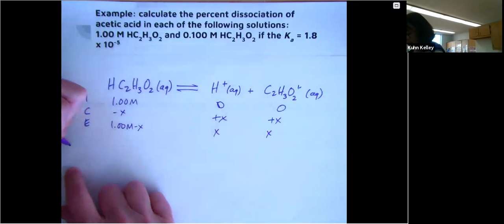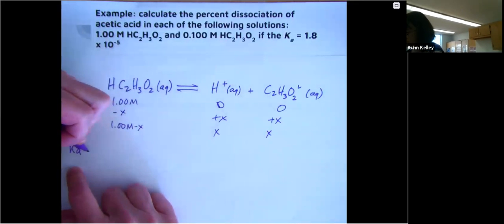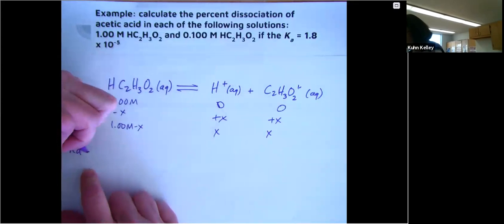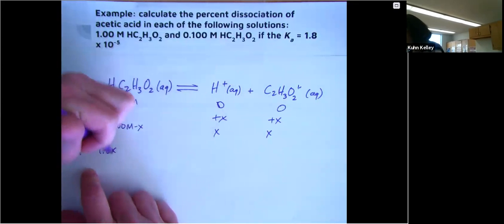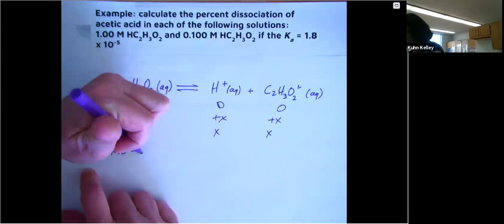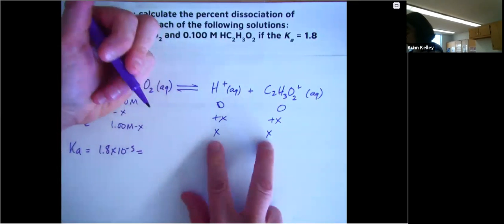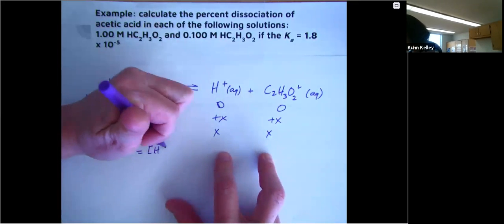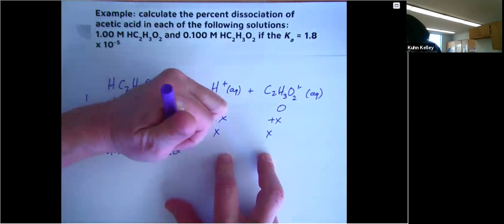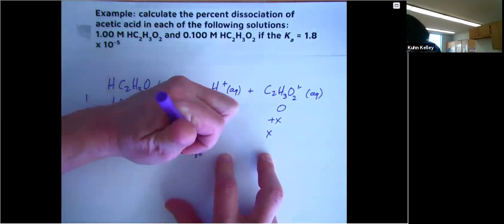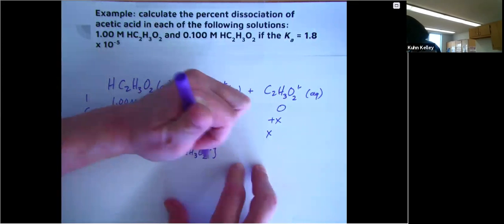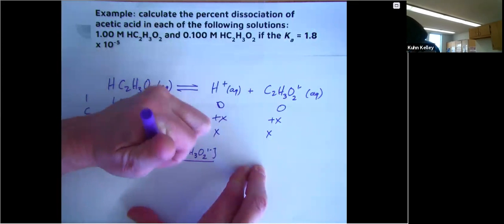I know that my Ka is 1.8 times 10 to the negative fifth. That's going to be equal to my hydrogen concentration times my acetate concentration divided by the concentration of my acetic acid.